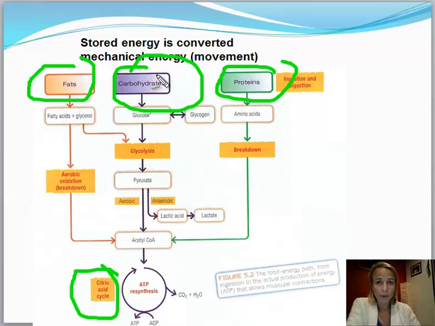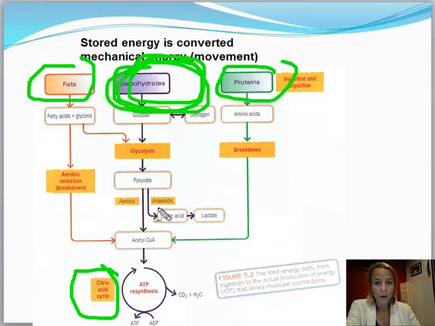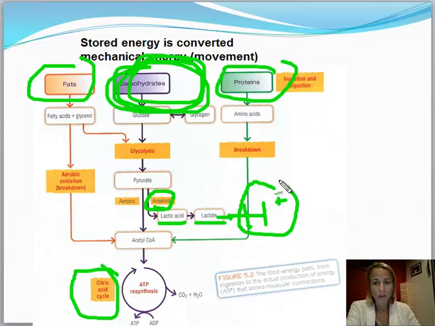Whereas remember, it's only carbohydrates that can be used anaerobically when there's insufficient oxygen, and when we use that system, lactic acid is produced, which is then broken down into lactate, and don't forget those hydrogen ions, because remember, it's the accumulation of those hydrogen ions that causes us to fatigue.